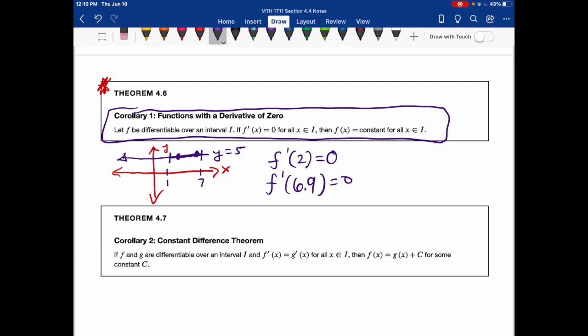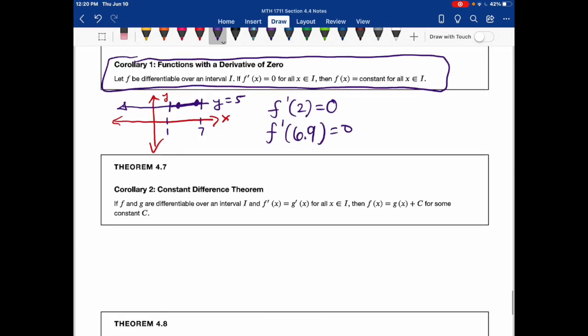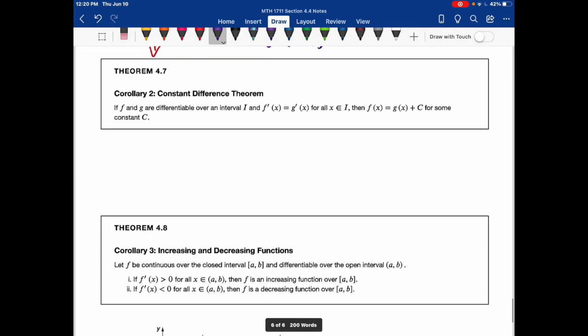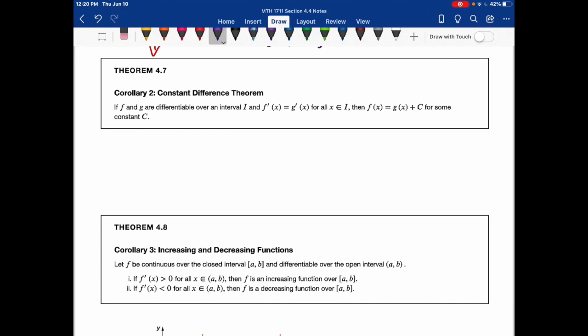So that's what this is saying here. If every point on the function on that interval has a derivative that's 0 and the function is differentiable on that interval, then the function must be a constant on that interval.